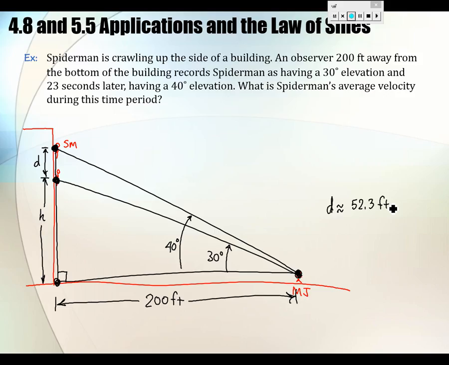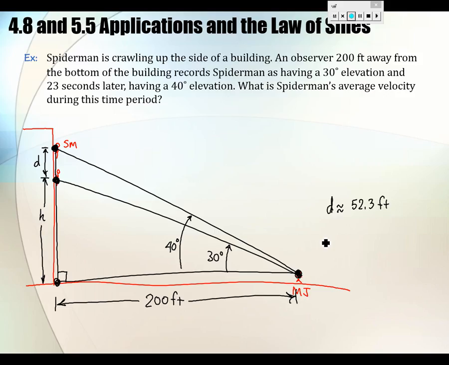Did you get that? People out there. 52.4. 52.3. It's closer to 52.3. But that's of course not the answer then too. Make sure you actually answer what was asked.